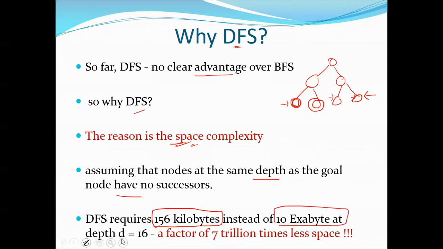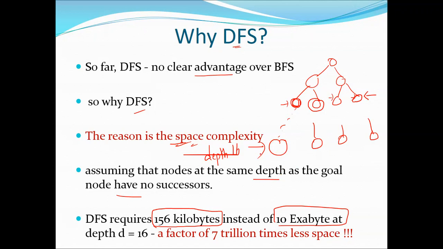at depth d equal to 16. So here I have drawn a tree of only depth 2, but let us assume the depth of the tree is 16 and the goal node is available at level 16. There is no other further depth in the tree.